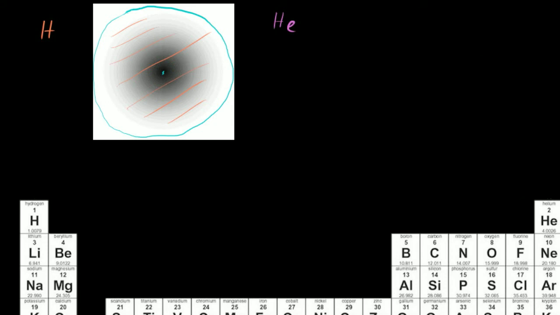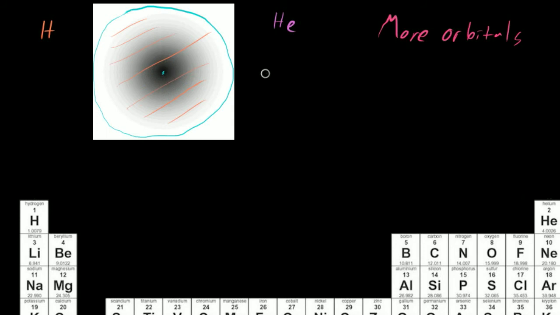The straightforward answer of what happens is we start adding more orbitals. And again, it's important to realize that these orbitals are just probability functions. They're probability functions of where you're most likely to find an electron that belongs in a certain orbital.